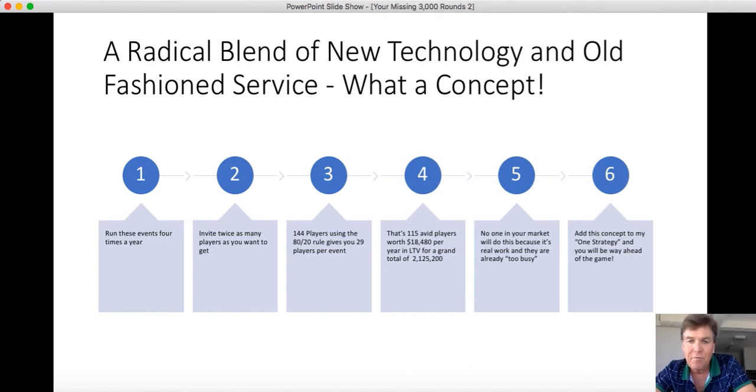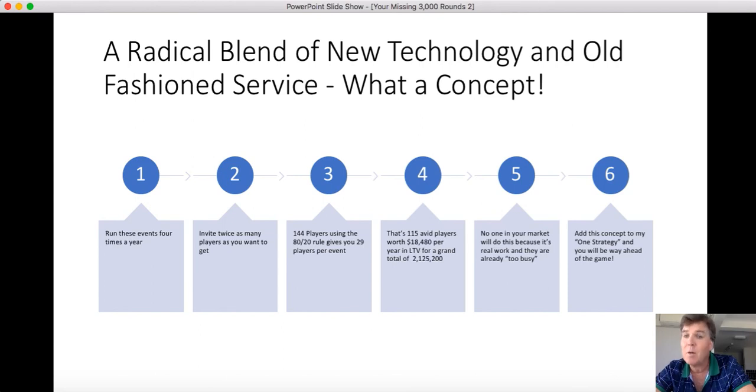That's 115 avid players worth $18,480 per year for a lifetime grand total value of $2,125,200. No one in your market will do this because it's real work and they're already too busy.